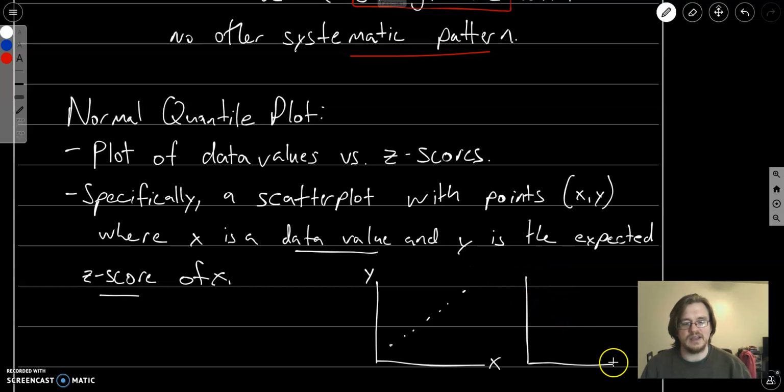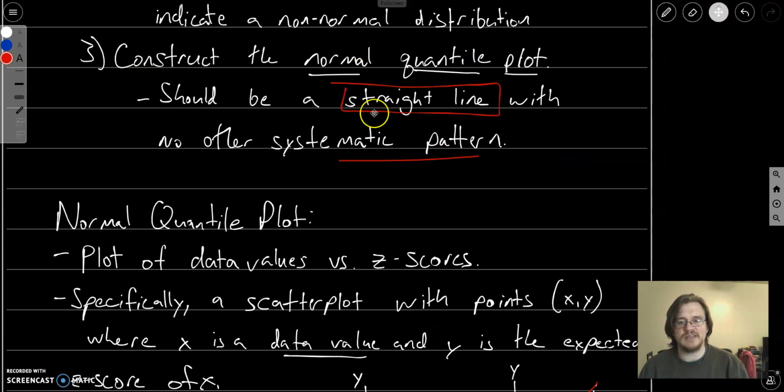However, in a non-normal distribution, we might get something that looks like this. And while this looks pretty straight, if we actually draw a straight line, we'll see that, oh, there's a wave to this. And this is why I have to mention this second part here.